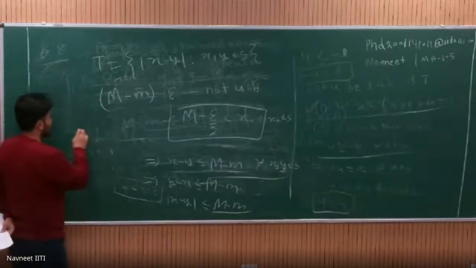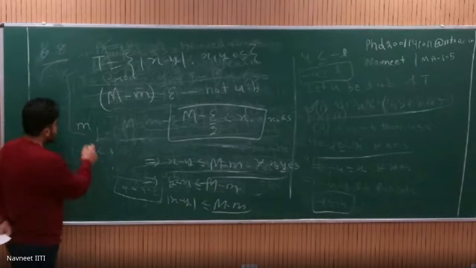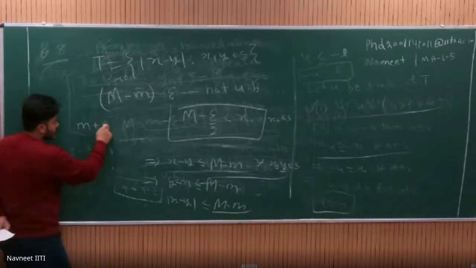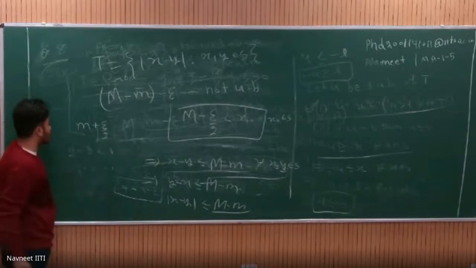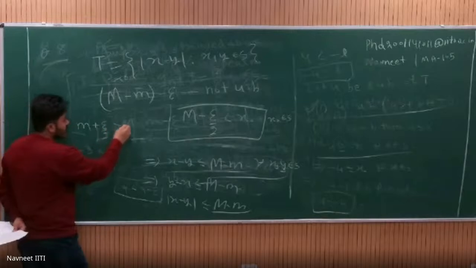And similarly, small m is what? The greatest lower bound for the set S. If I add epsilon by 2 to this, then this is not going to be a lower bound. That means there exists some element which is going to be less than this, say y naught.